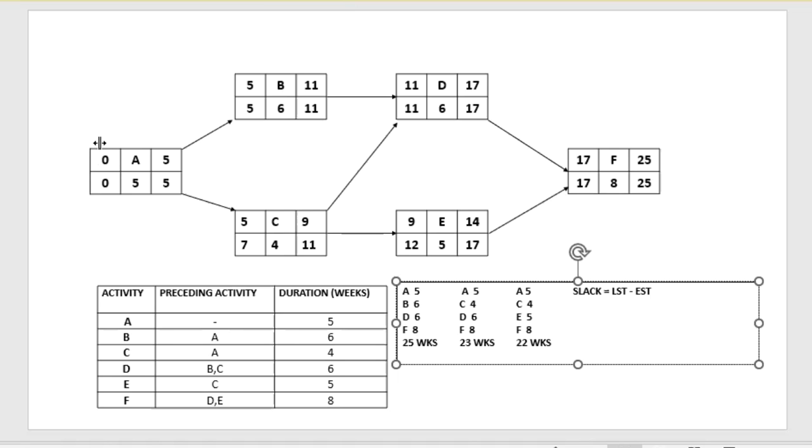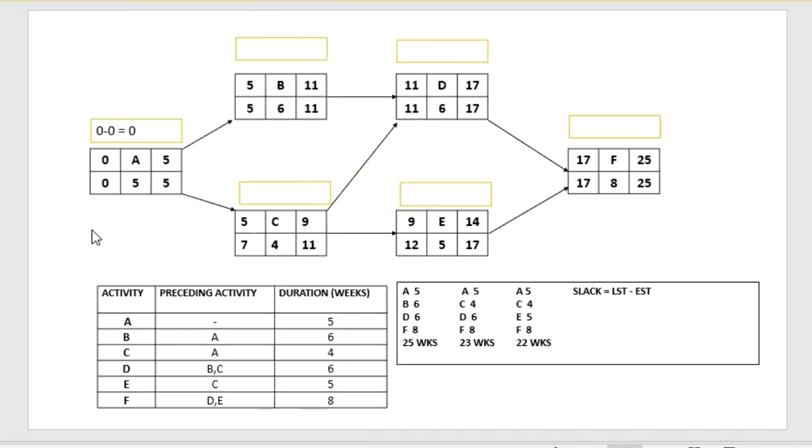So for A, it would be 0 minus 0, that is equal to 0. So the slack time is 0 weeks, right? So there's no slack time on this.